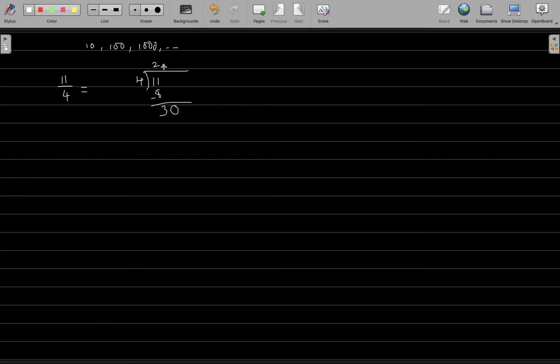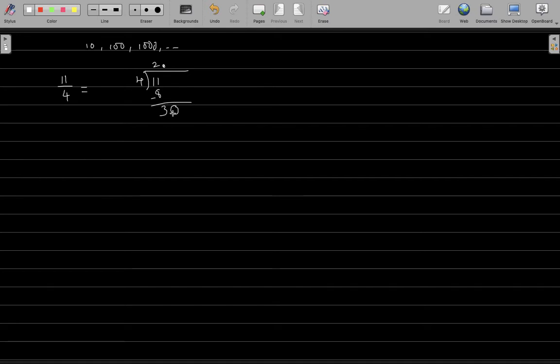You understand? Once you arrive at a stage that you cannot divide further, just keep a decimal point in the quotient. That will allow you to introduce a 0 along with the remainder here.